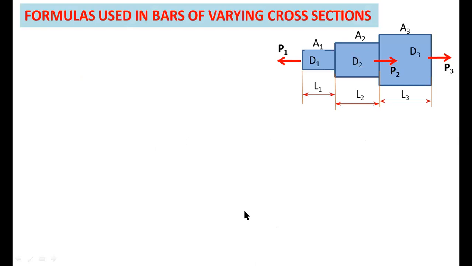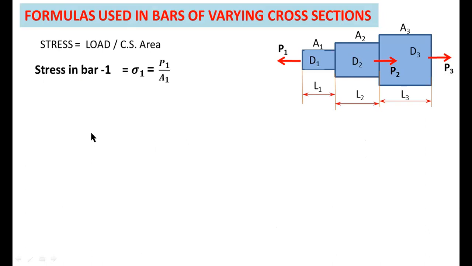Now in this session, this is the last topic: the formulas used in bars of varying cross sections. For solving these types of problems, we need formulas. We already discussed them previously, but I repeat.